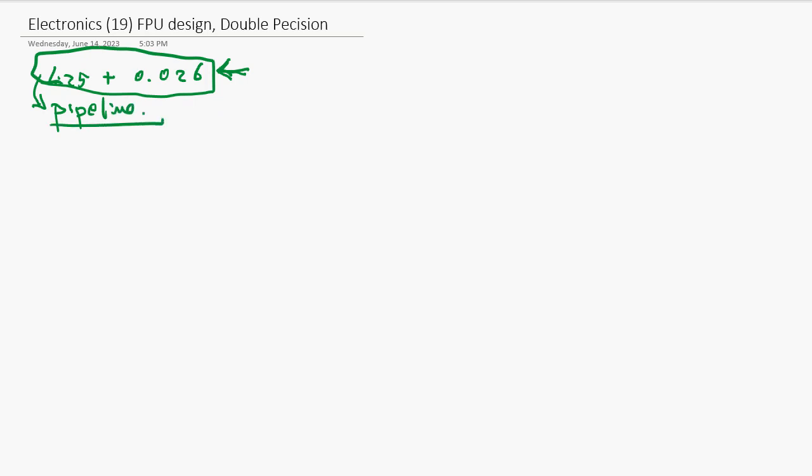And what pipeline means is the minimum clock speed to perform addition and multiplication.